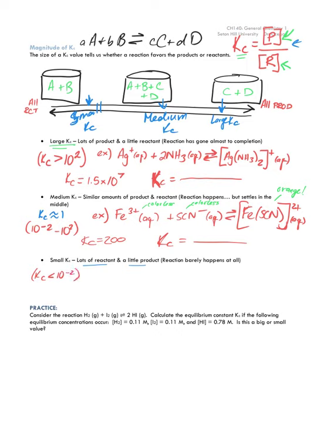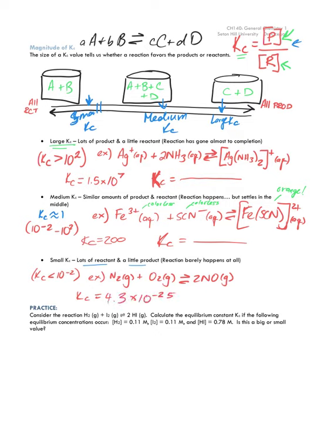An example of a reaction with a small Kc value is the reaction between nitrogen gas and oxygen gas to make nitrous oxide, or NO gas. The Kc value for this reaction is 4.3 times 10 to the -25th.